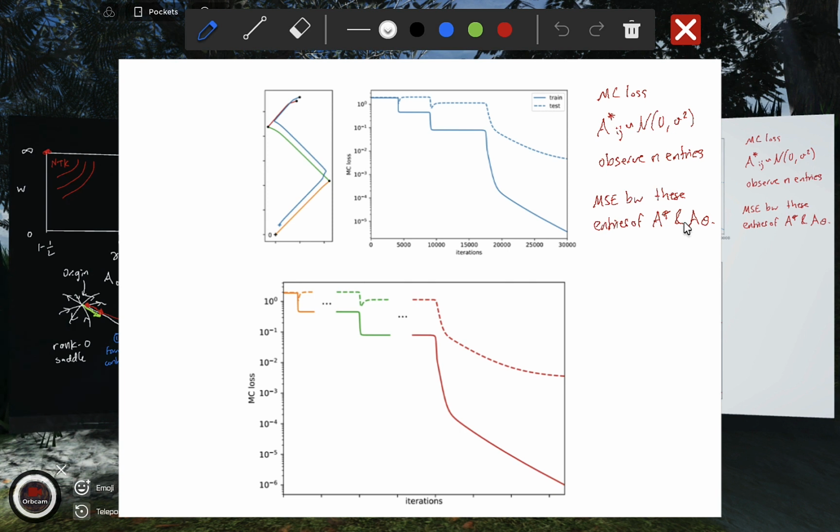And again, you observe the same kind of dynamics where it goes through these plateaus, right? So these things clearly look like phase transitions. Are they really? Well, I don't know. I didn't actually get this particular task up and running. I looked at the other one, but maybe they are proper phase transitions from the SLT perspective.